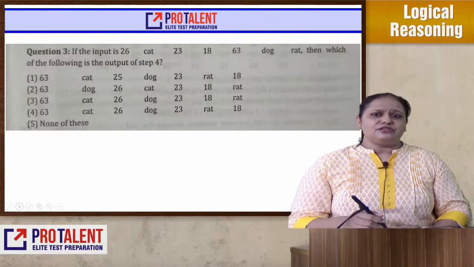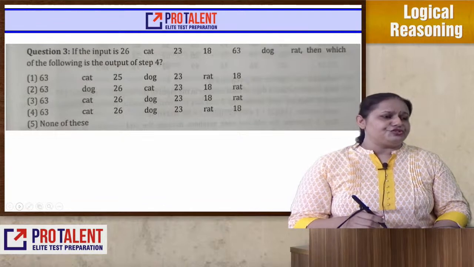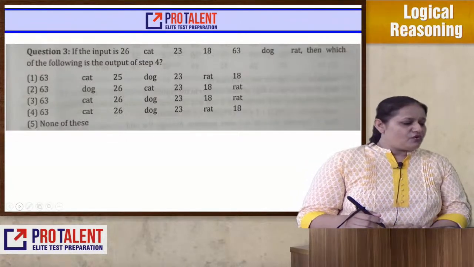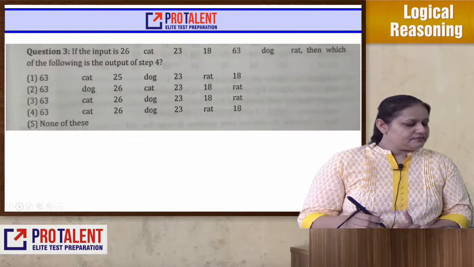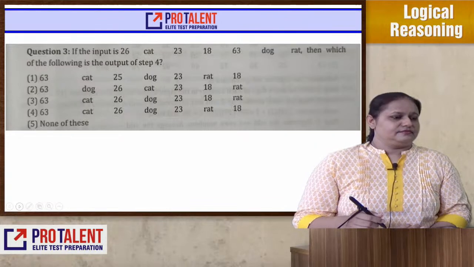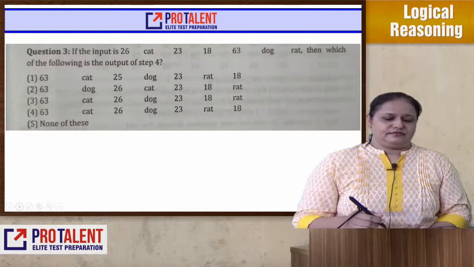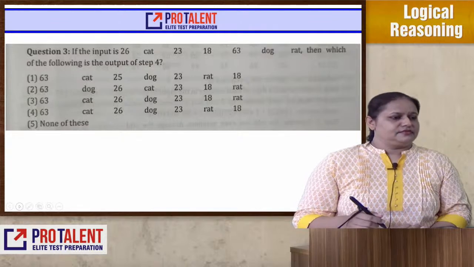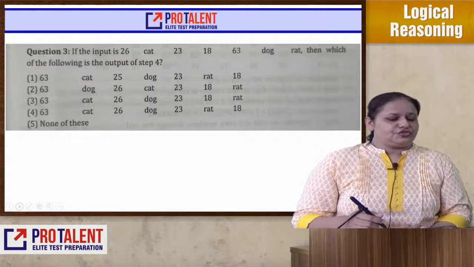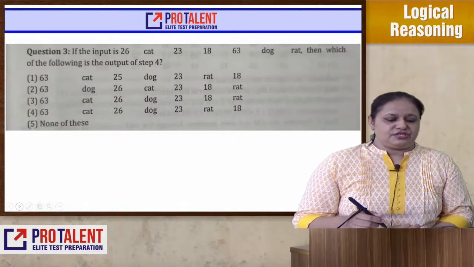Where is Prasad? Why is Prasad not answering the questions today? Question number 3, what's the answer?